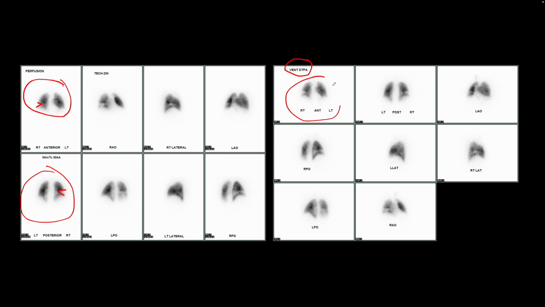Looking at the anterior and posterior images labeled ventilation, they're showing perfusion activity because this ventilation was repeated the same day when the lungs have 4 millicuries of technetium-99m MAA. In this situation, you want to wait for 24 hours to let the perfusion activity decay and then do a ventilation. So this is the second pitfall that I wanted to share with you.